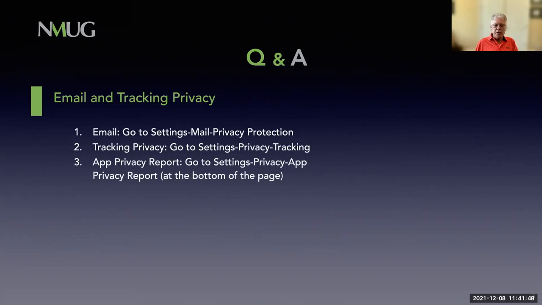It's just a flick of the switch, and then it protects the privacy of your email. Tracking privacy: if you go to settings and privacy and tracking and don't allow websites to track you, that will enhance your privacy quite a bit.